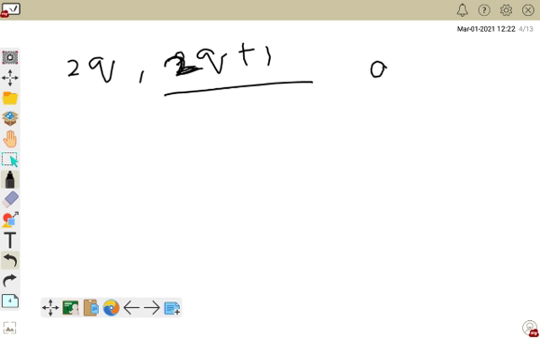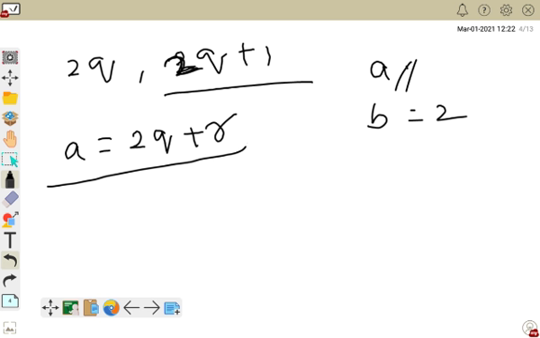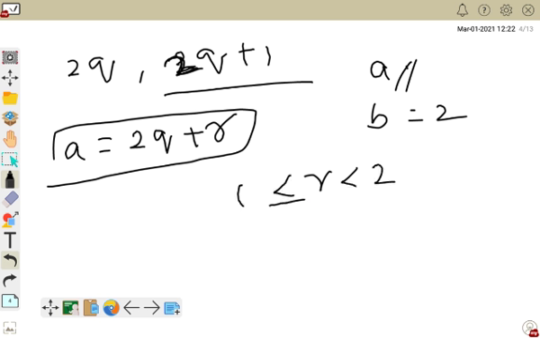So let the number be A. So B is equal to 2. So I can write A is equal to 2q plus R. So from Euclid's theorem we know R is less than 2 but greater than or equal to 0. So R can take values R is equal to 0, R is equal to 1, R cannot be equal to 2.